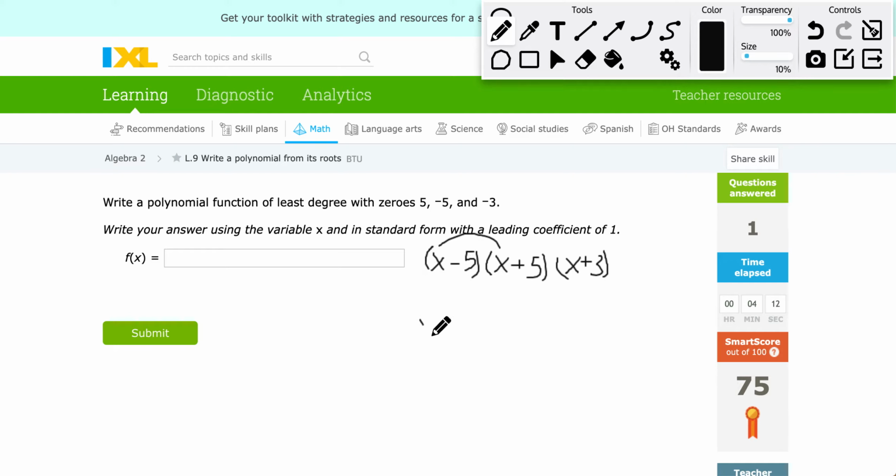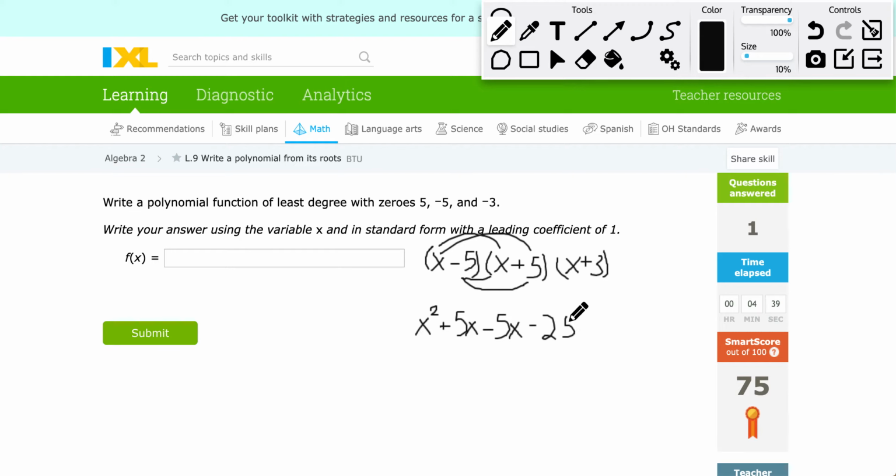x times x is x squared. x times 5 is 5x. And then I'm going to scoot over and do the -5 times x. I can already tell those middle two are going to cancel out. That's pretty nice for us. And then at the end there, I'm going to end up with a -25.